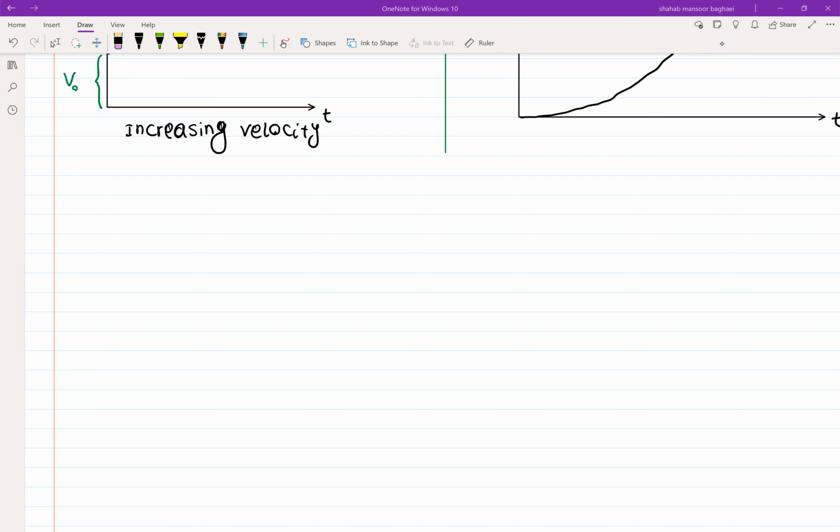Let's review the equations of free fall. There are three equations here.